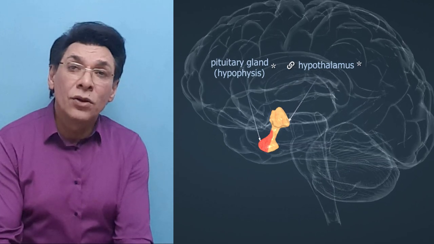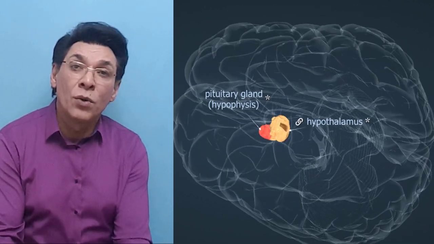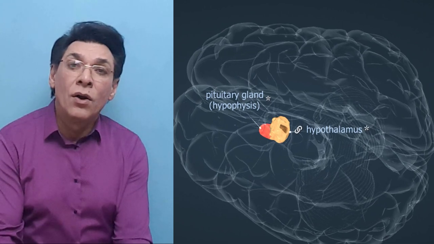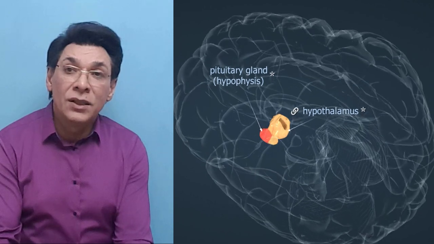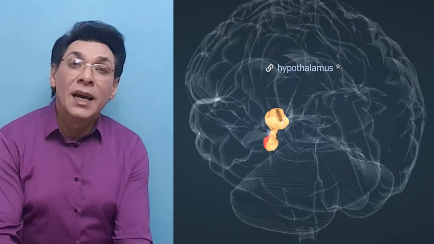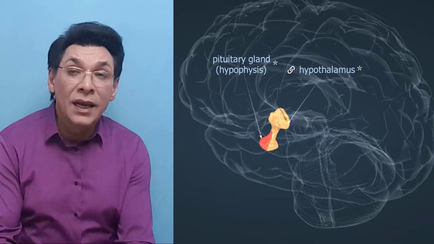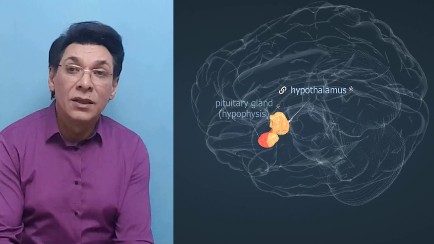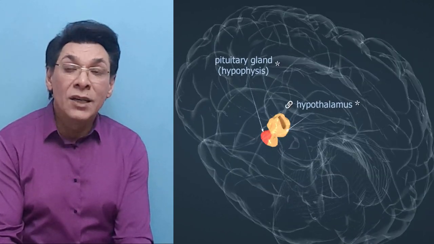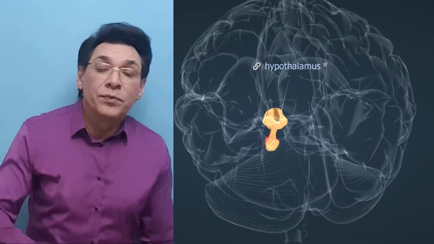The 7 anterior lobe hormones are thyroid stimulating hormone TSH, adrenocorticotropic hormone ACTH, follicle stimulating hormone FSH, luteinizing hormone LH, prolactin PRL, growth hormone GH, and melanocyte stimulating hormone.